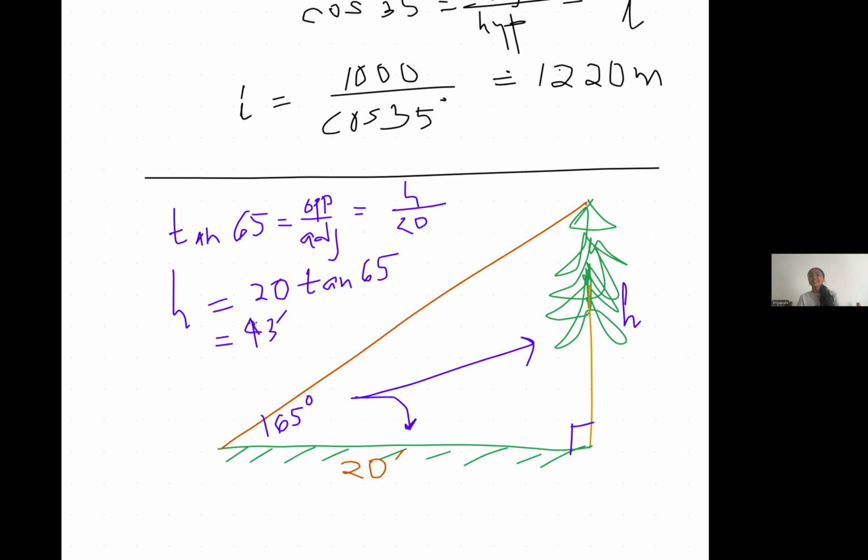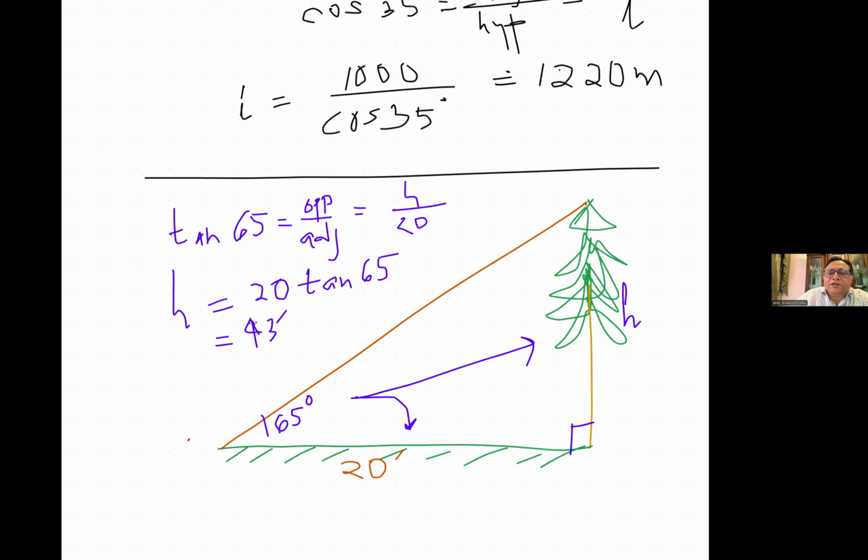I could have used the ratio. If I need to have tan 65 as the result, that's my opposite over my adjacent. So I would test it by doing 43 over 20.